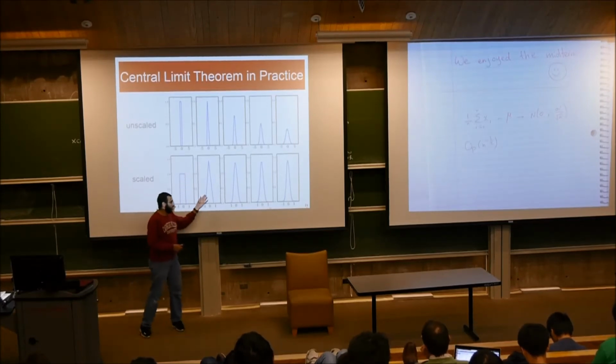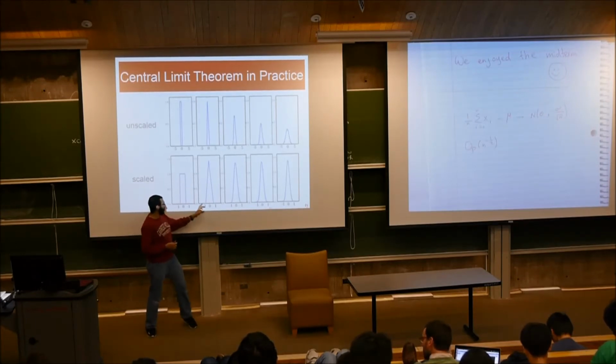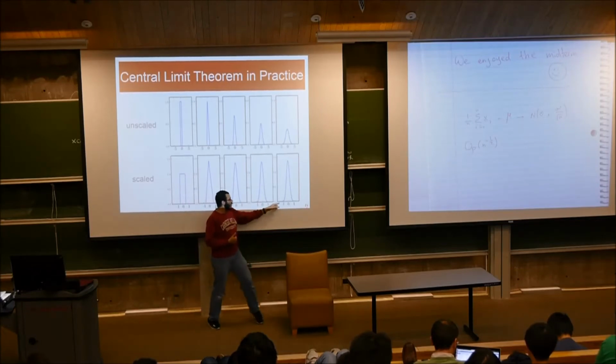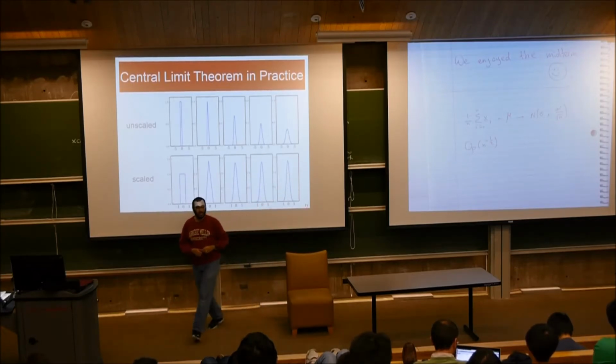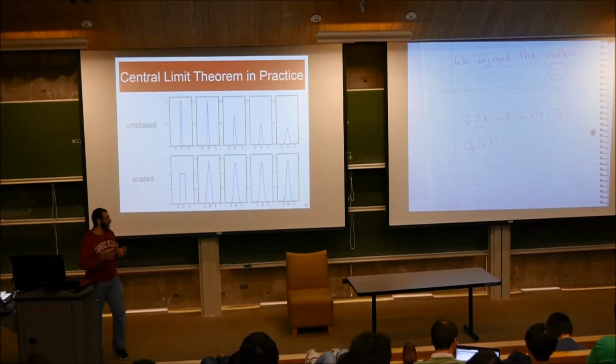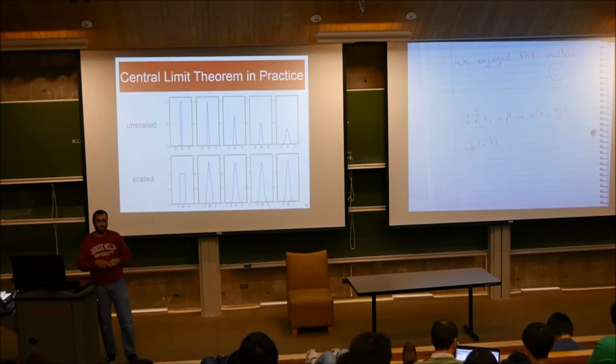Two variables will have the convolution of two flat distributions, so it will be a triangle. As you add more and more variables, you get closer to a Gaussian distribution. And if we add more, we will notice that the variance of this Gaussian distribution becomes smaller.